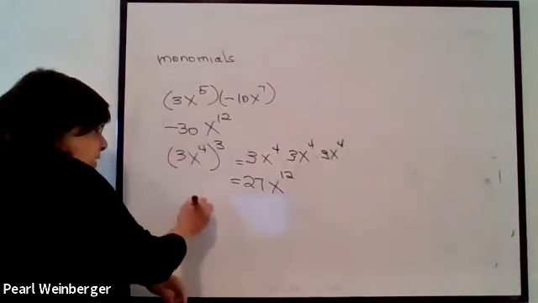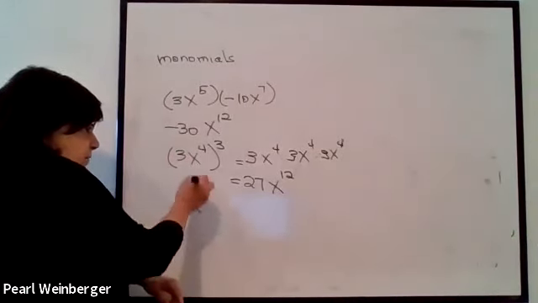First of all, if I have something like x to the fourth, and I raise it to the 5th power. In other words, this means I want to do x to the fourth multiplied by itself 5 times. The easier way to do it is just to take the exponents and multiply them.